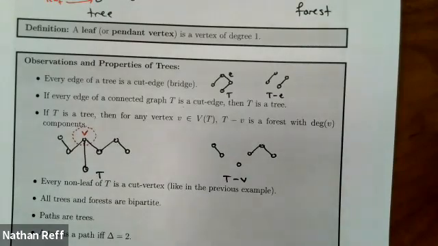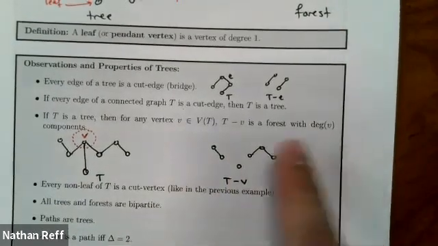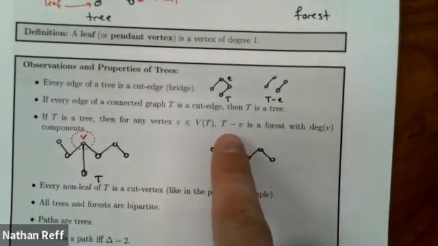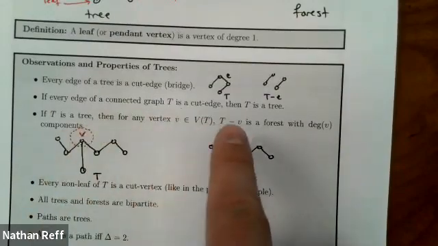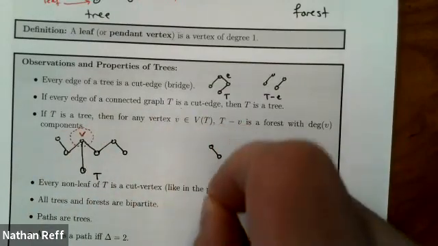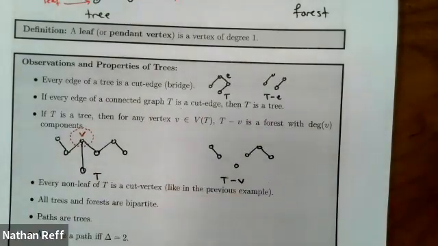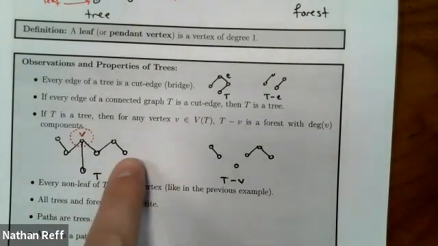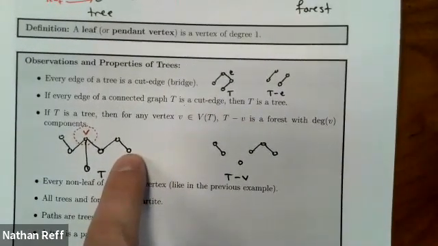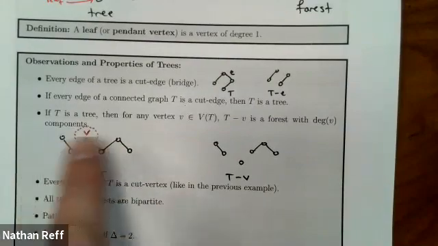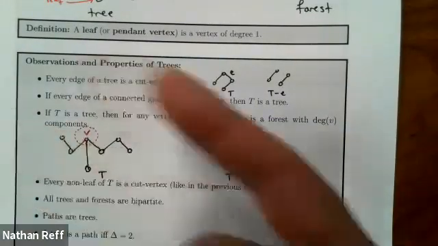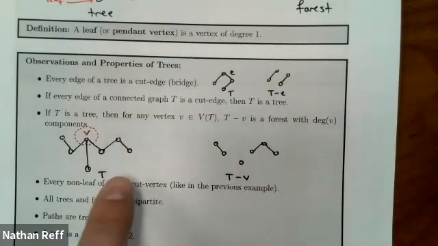Because what if the degree of V was 1? Then how many components do you get with T minus V? If the degree is 1, then you'll have 1 component, right? So this is actually saying if you were to delete a leaf, it should still be connected. You see that? And indeed, if you deleted, say, this vertex here, the rest of this would still be connected, right? And you'd have exactly 1 component, which is the degree of that.